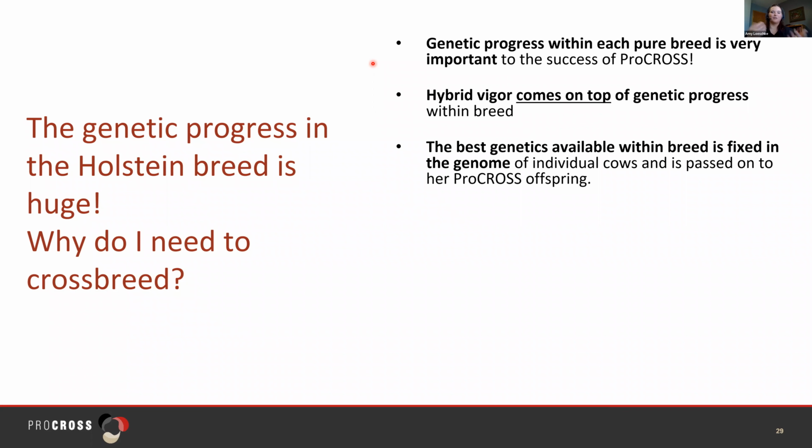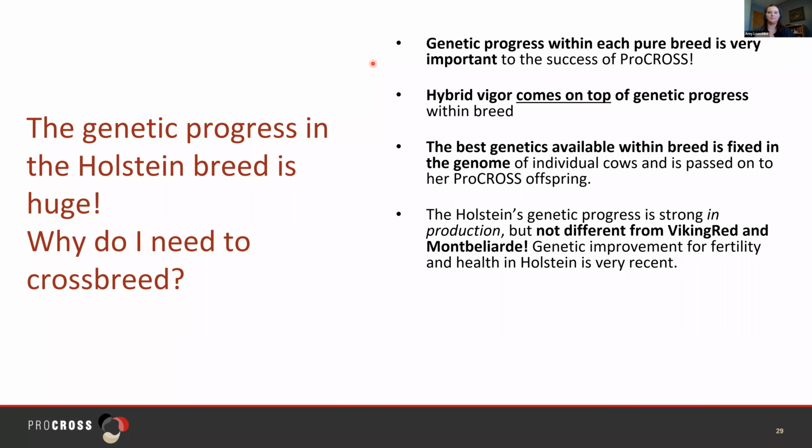It's not an either or part of this equation. It's good breeds with good genetic progress plus the hybrid vigor, okay? And when we use those good bulls with good selection within breed, that's just fixed right in the genome of that cow and passed on to her subsequent offspring.